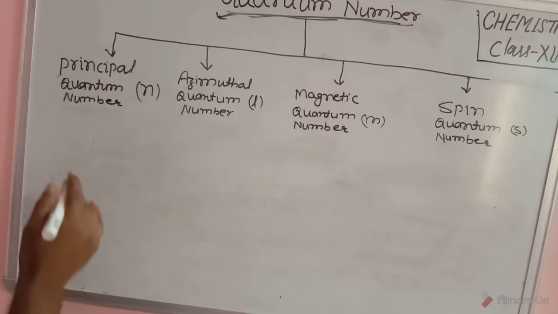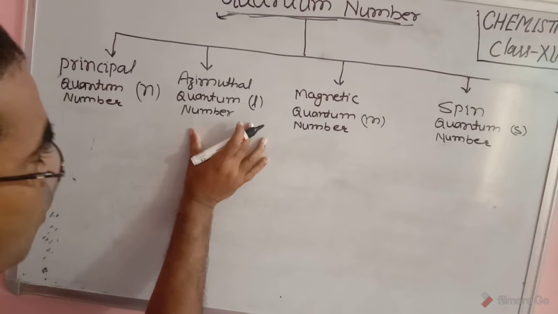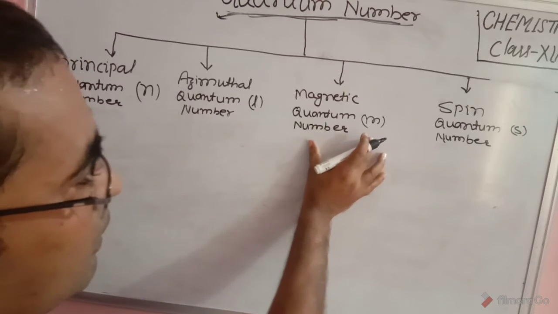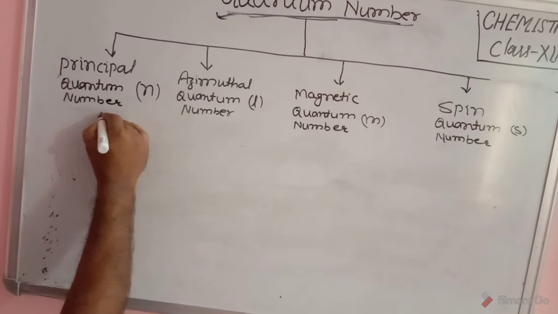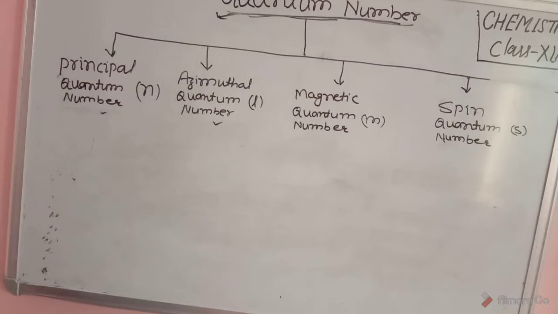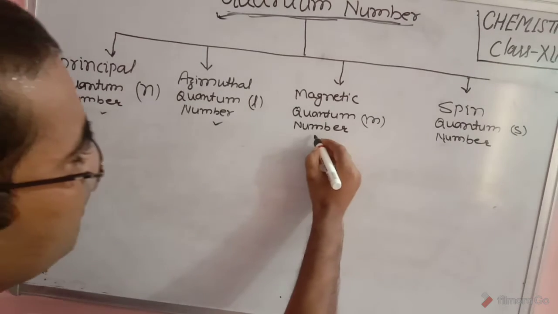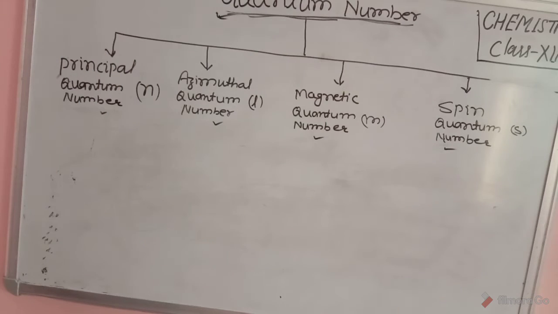And these are principal quantum number, azimuthal quantum number, magnetic quantum number, and spin quantum number. Principal quantum number is denoted by small n, azimuthal quantum number is denoted by small l, magnetic quantum number is denoted by small m, and spin quantum number is denoted by small s.